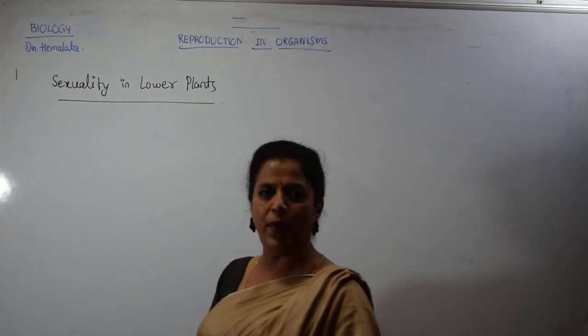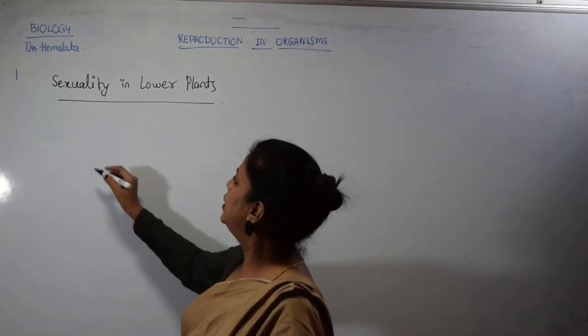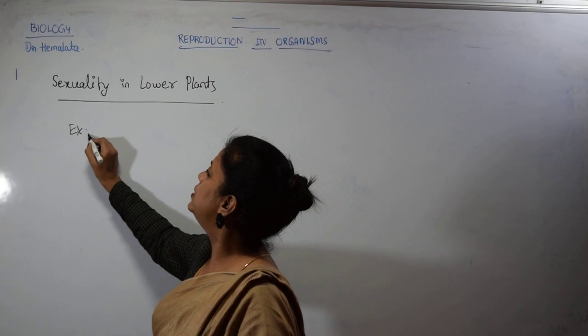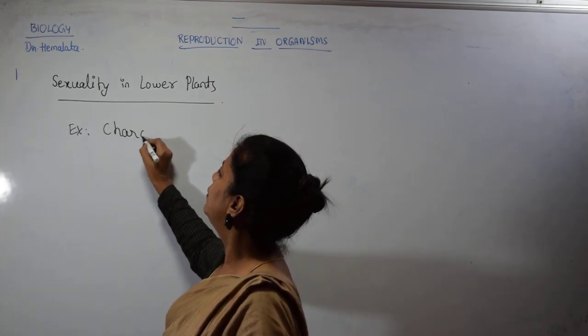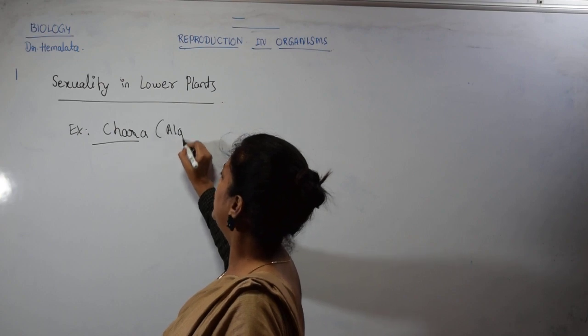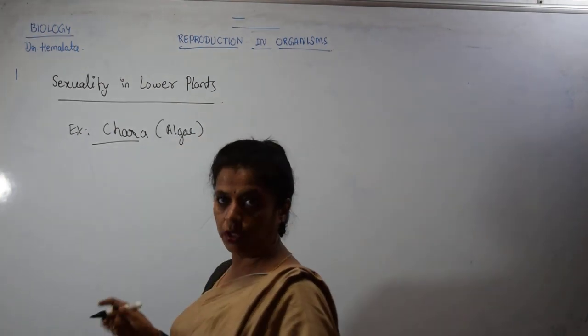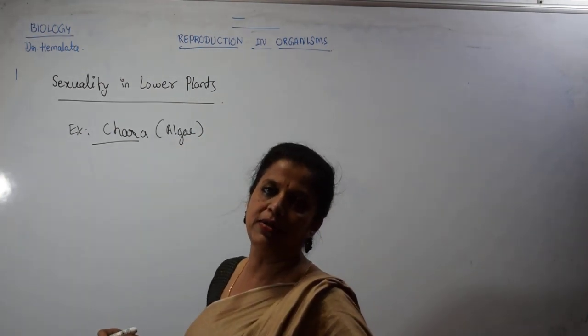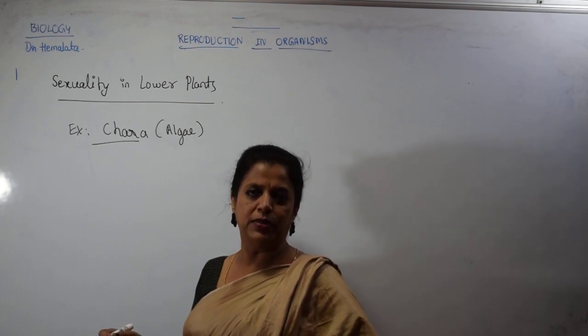Let me now give you how exactly it is found, and one example is Chara, a type of algae. First you should know this, because sometimes they give the word Chara and you think it is a big tree. Chara is a hydrophytic plant, it is an algae.